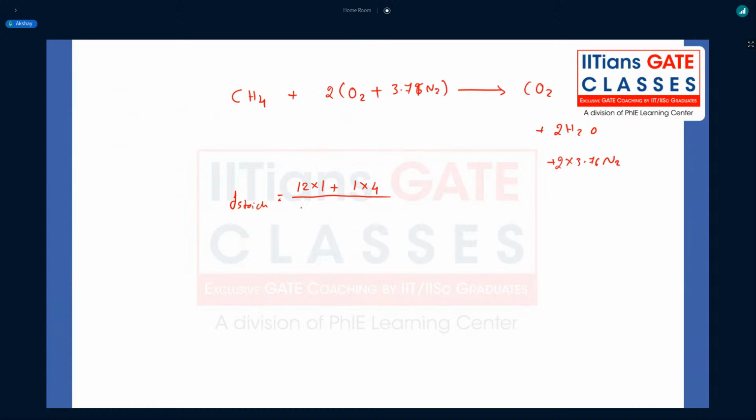If I take O2, that is 32, and number of moles of O2 I have is 2, plus molecular weight of nitrogen N2 is 28 times number of moles, I have 2 into 3.76. So if I calculate this one, I get F stoichiometry as 0.02914. So this is my F stoichiometry.